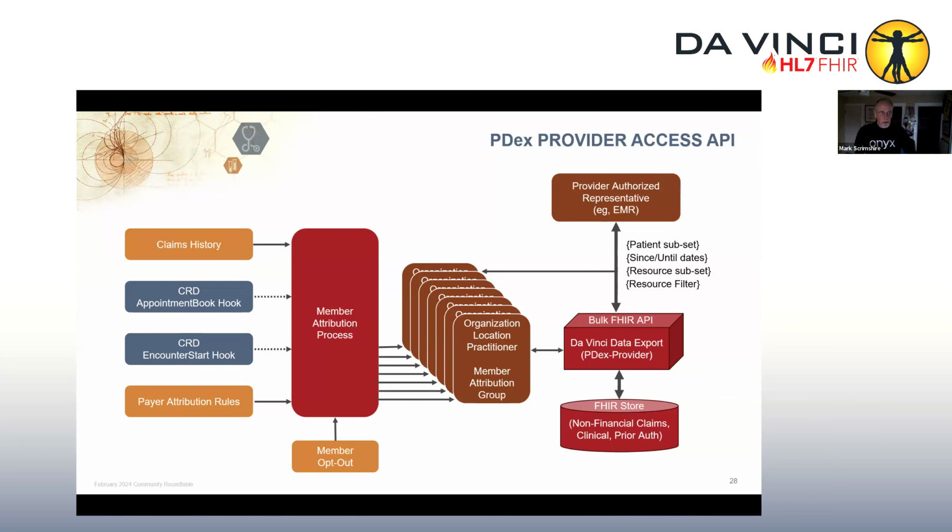And that will pull from this pool of information, the non-financial claims and encounters, the clinical data and the prior auths. Again, we're creating an API that will be useful and not just meeting the compliance rules. So we are definitely looking for inputs from the provider and payer community as we finalize this API. Let's move on to the next slide.